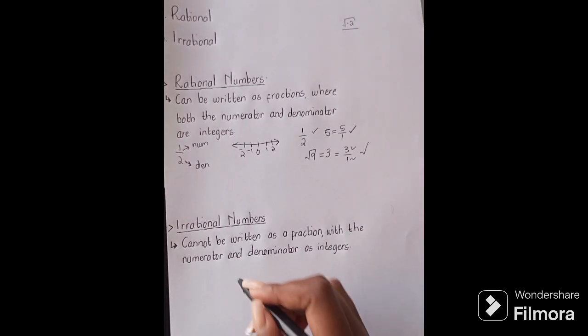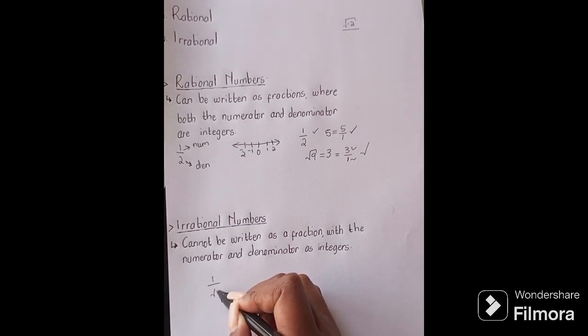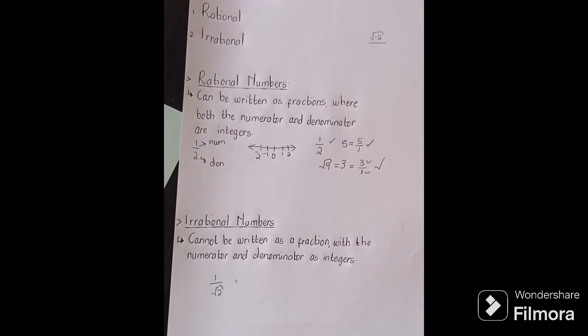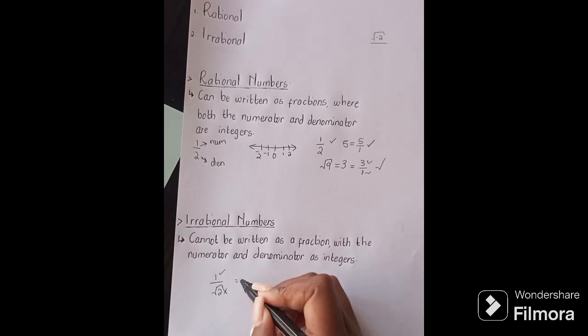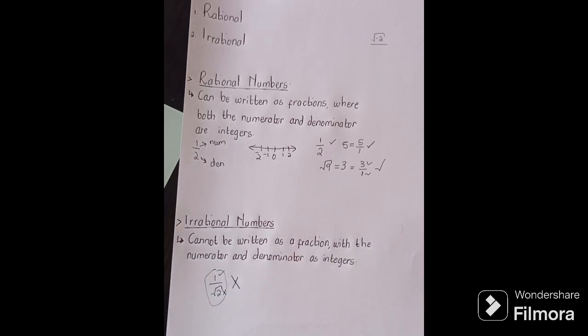Let me give you an example. Let's say I have 1 over the square root of 2. This is a fraction, right? That's condition number 1. Condition number 2, both the numerator and denominator must be integers. 1 is an integer, but the square root of 2 is not an integer. Therefore, this whole number is not a rational number.